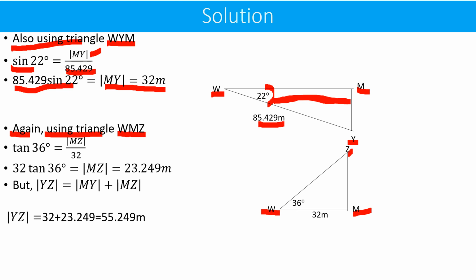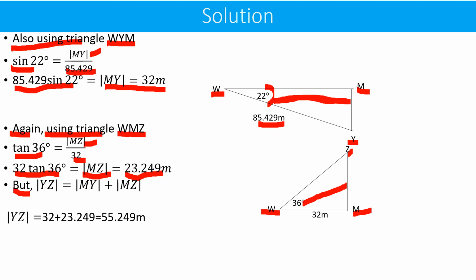So that one, the angle here is 32 facing MZ. So you arrange it, tan 36 is MZ over 32. So MZ is equal to 32 tan 36, which is 23.249 meters.